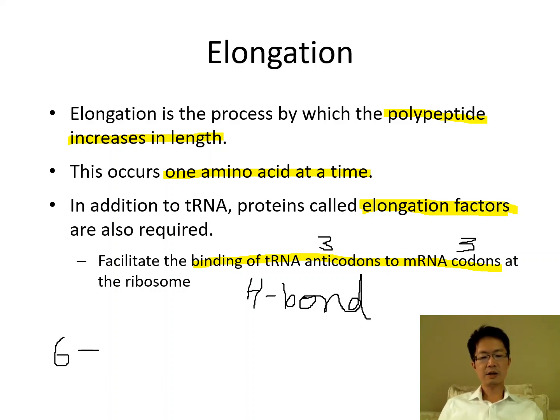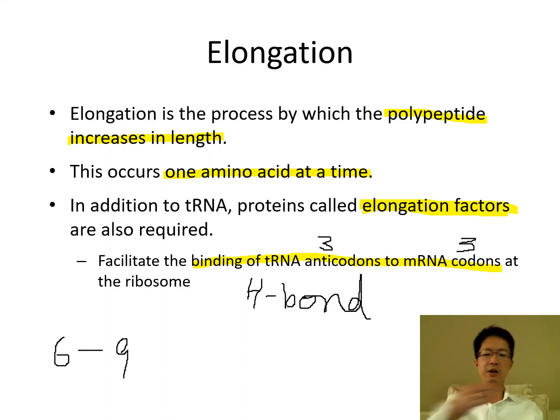Maximum, let's say they are all GC. GC, they form 3 hydrogen bonds. So maximum, you have 9 hydrogen bonds in a triplet code.